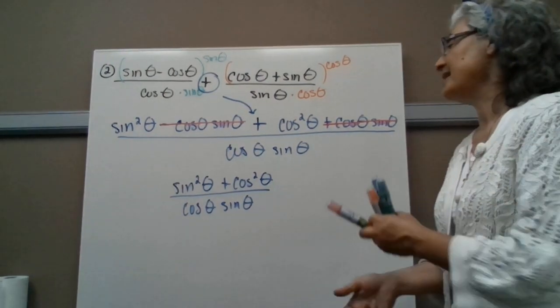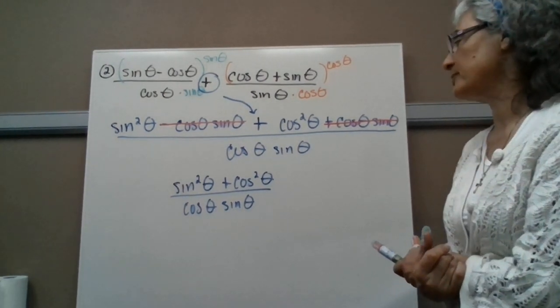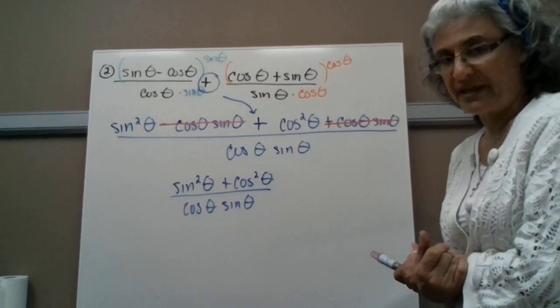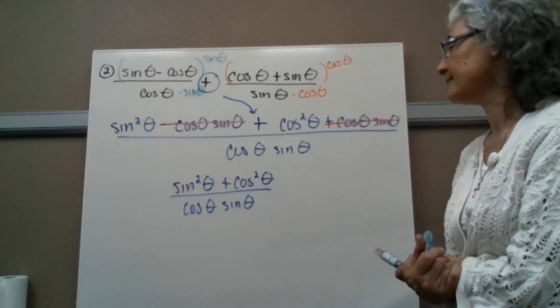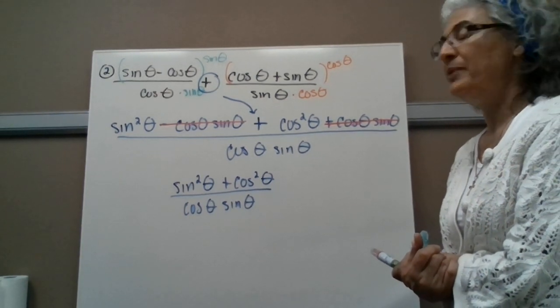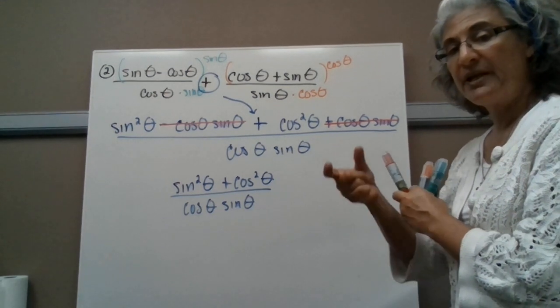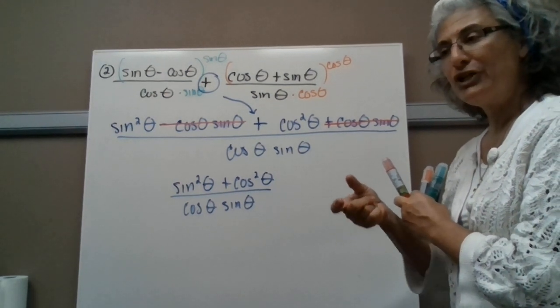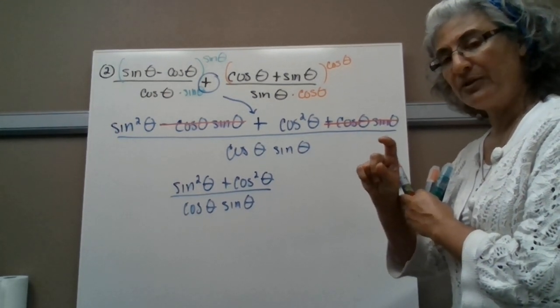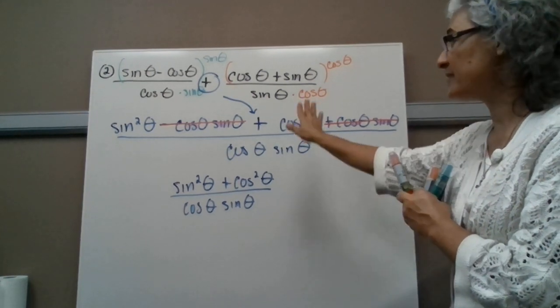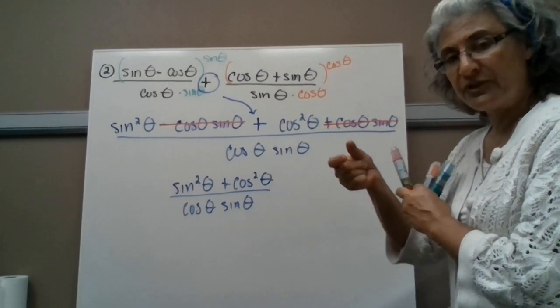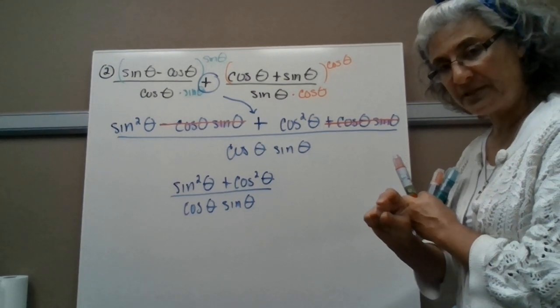Now clearly I can't add sine squared theta and cosine squared theta because they're not the same. But flip your brain to trig for a moment, because all we've done here so far is algebra. So flip it to trig for a moment.